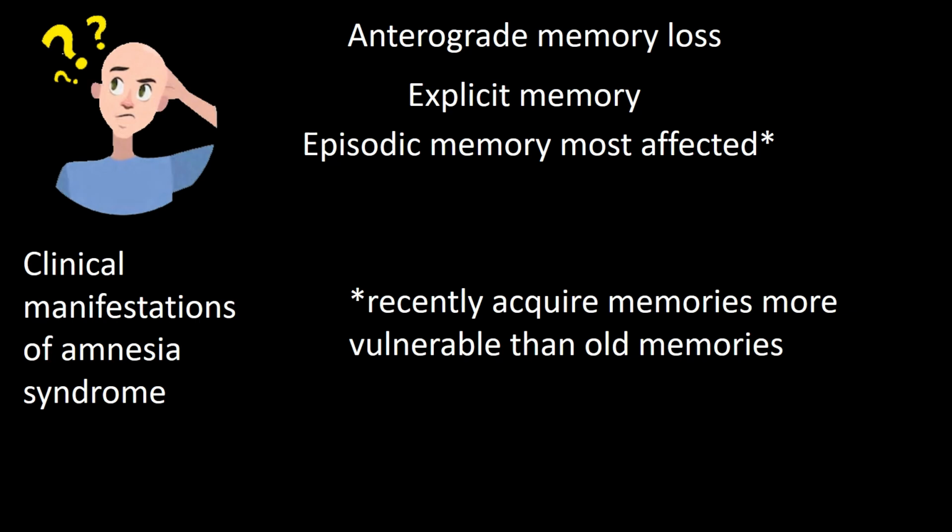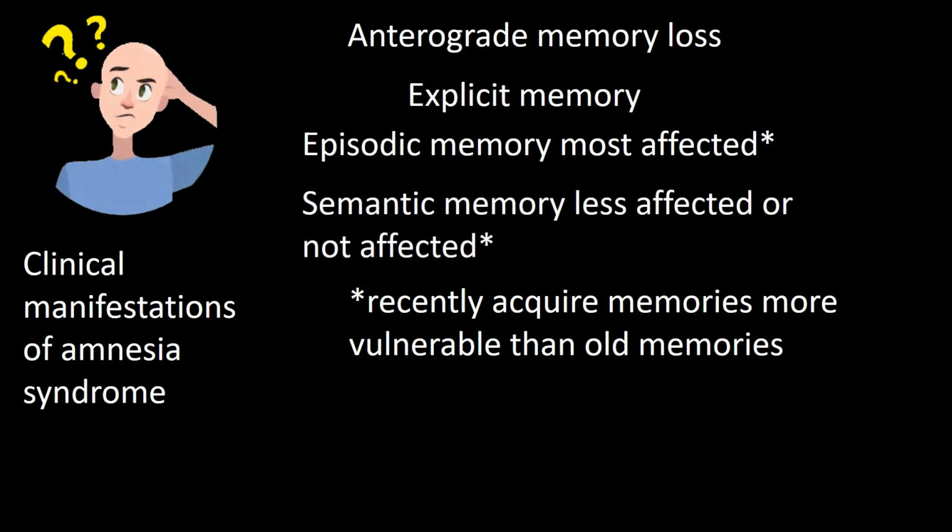Recently lived experiences are not recalled to a larger extent than those lived far in the past. When it is the other way around, recently lived experiences are recalled, while earlier experiences are not recalled, the diagnosis of amnesia syndrome should be in doubt. Semantic memory, general facts such as naming the capital of France, is less affected and in most cases not affected at all in patients with amnesia syndrome.